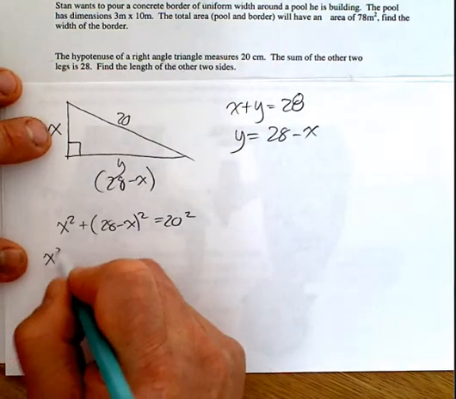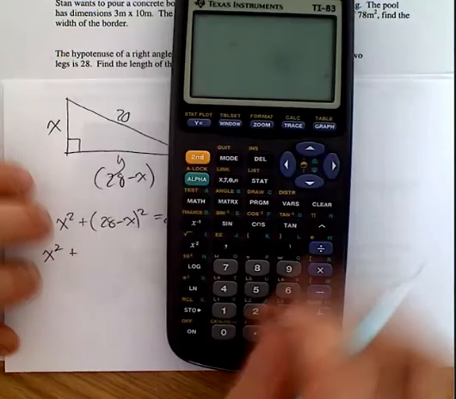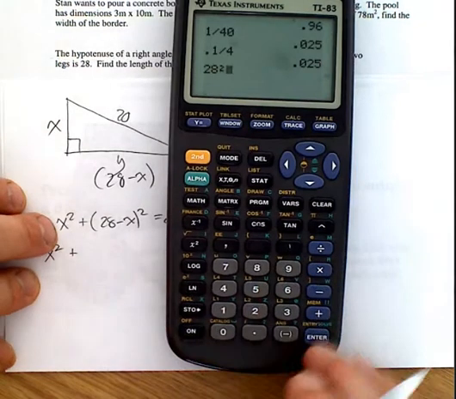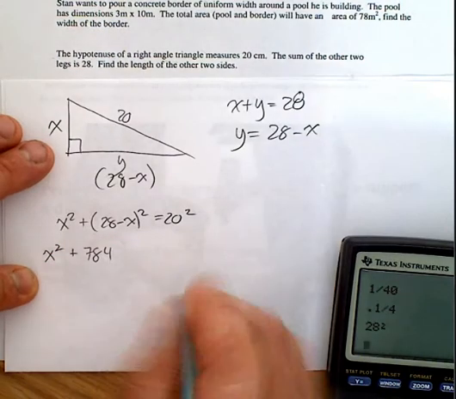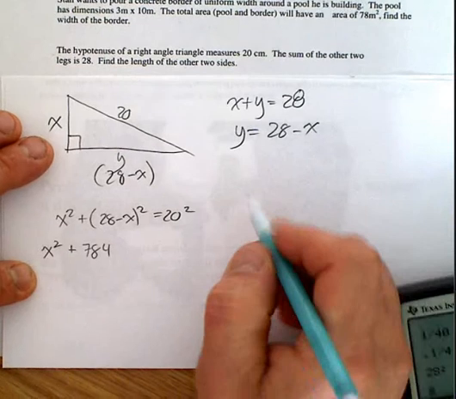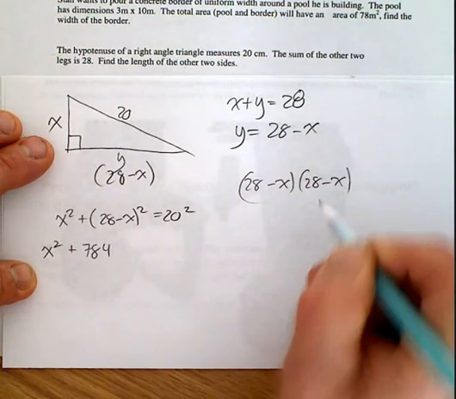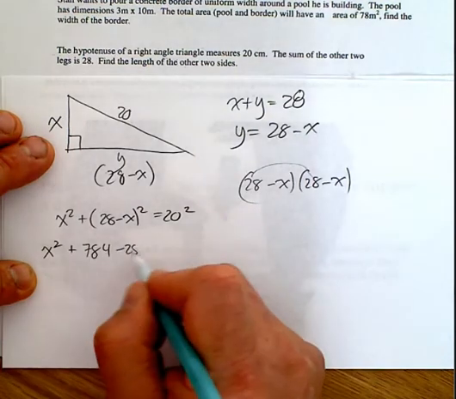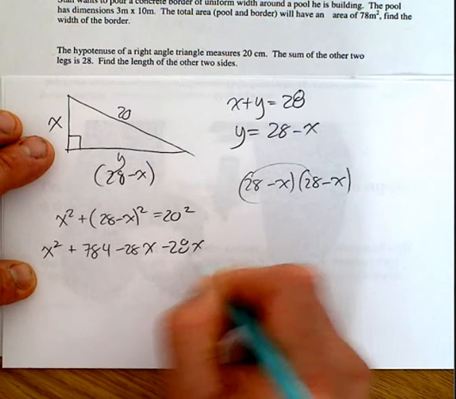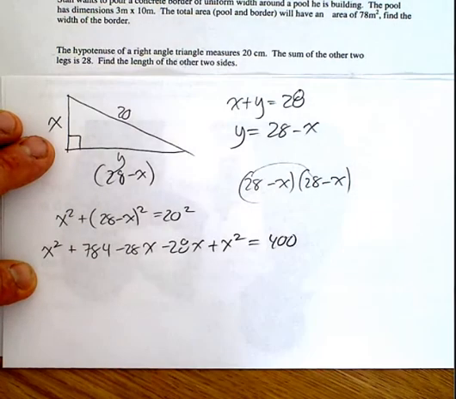So x squared plus, let's look at this, 28 squared. I don't know what that is off the top of my head, so I have to try it too. 784. Well, let's take this out of here. 28 minus x times 28 minus x, right? So boom, that's 784 minus 28x minus 28x plus x squared is equal to 400, which is 20 squared.